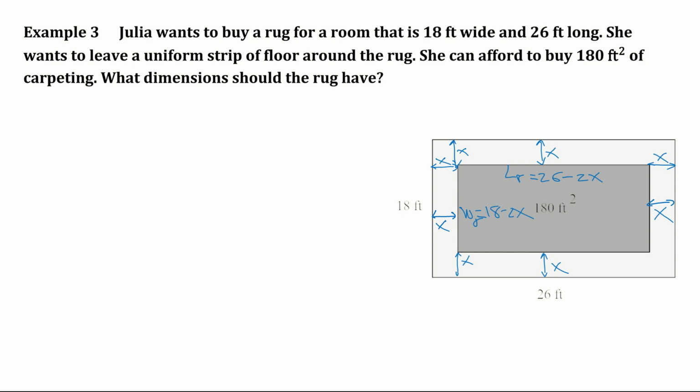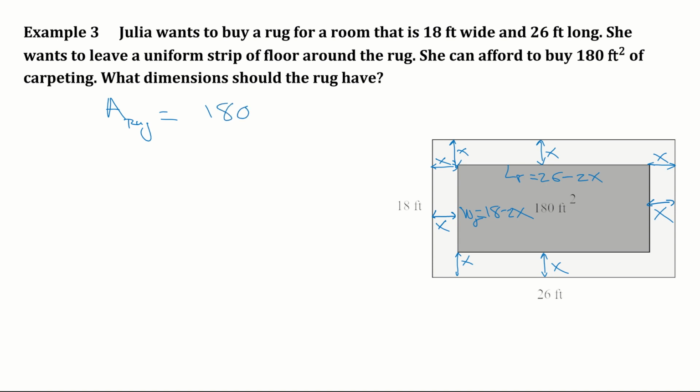Now, what we do know is that the area of the rug has to be 180, because that's all she can afford to buy. So that's not money, that's in square feet, right? But that's the same kind of reasoning. So we want the area of the rug to be 180.